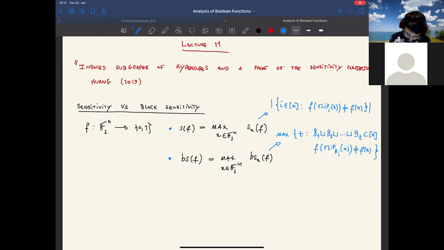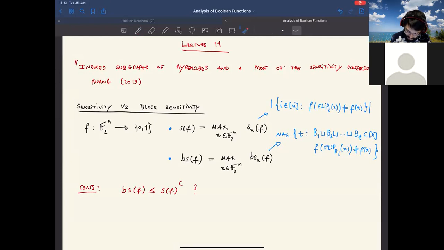Okay. And so there was a long-standing question: is sensitivity related to block sensitivity? Conjecture: is block sensitivity less or equal than sensitivity raised to a certain constant?